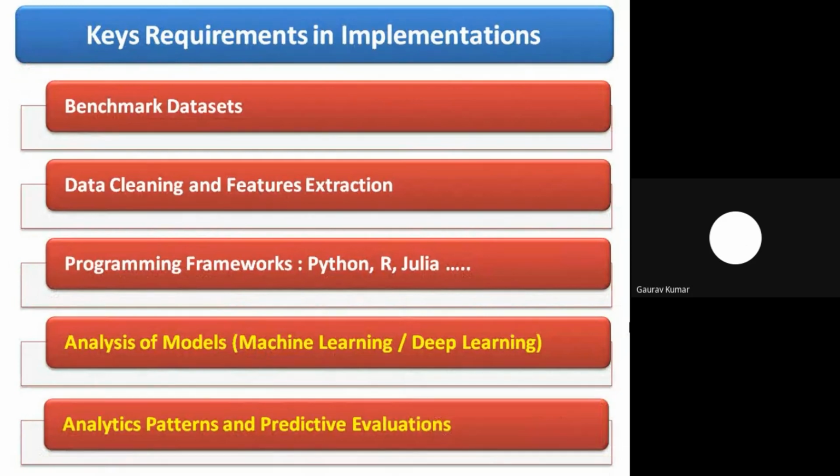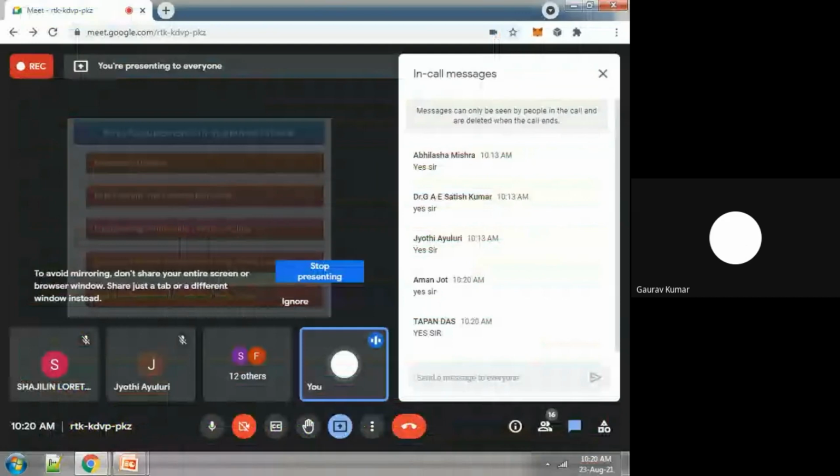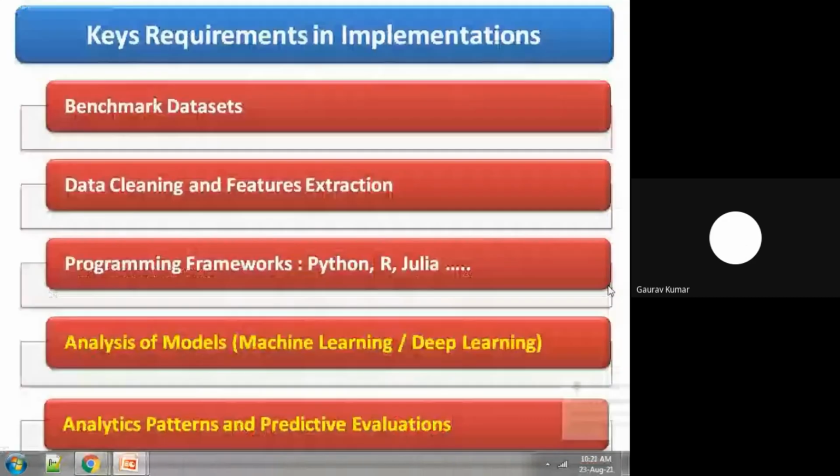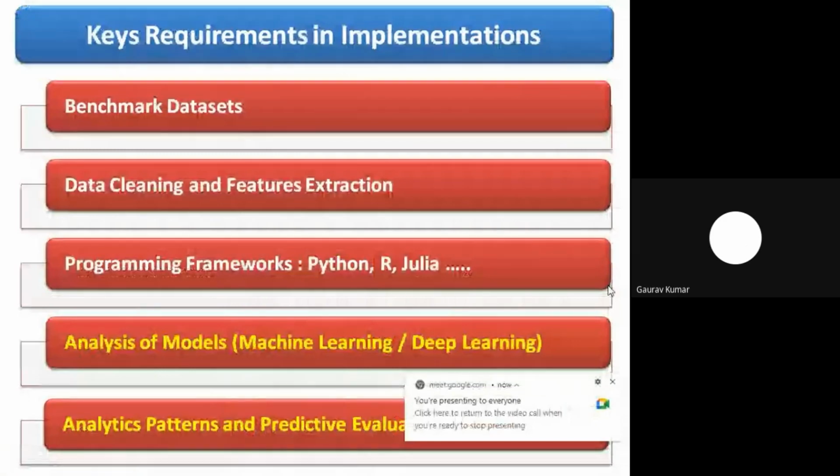In case of academic research, we have to work on benchmark data sets. So this is the key point. Collection of benchmark data set from where we can take different types of X-ray images, from where we can take some satellite data, or if we are working in agriculture domain, then how to collect that particular data.